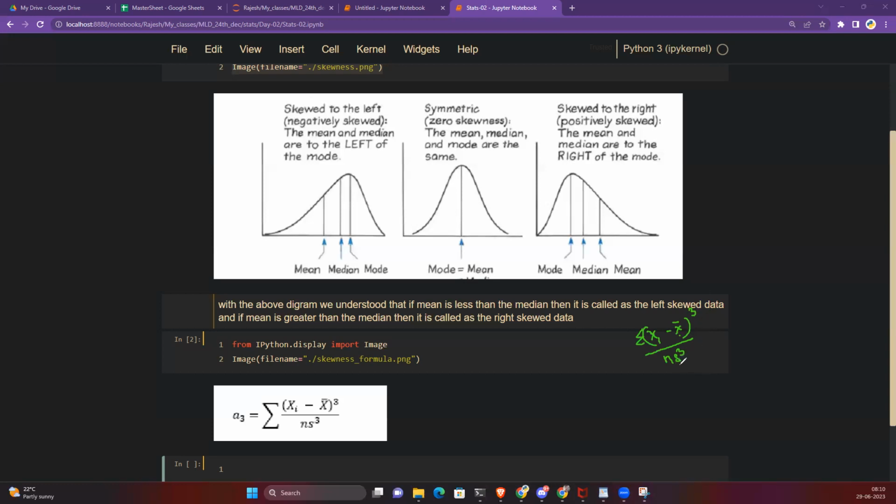And s is the standard deviation. So with this formula, we are going to calculate the skewness.